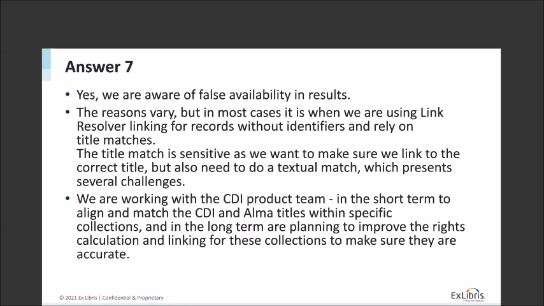In these cases, you will get the records as available in the brief view because the activation is using the collection level rights, what we call selective false, where we subscribe to only parts of this title, which is not checked. So the records come up as available, but when Alma tries to find the link to the specific record, it uses a title match because it doesn't have an identifier, and sometimes it fails.